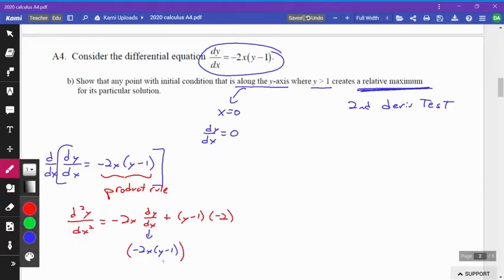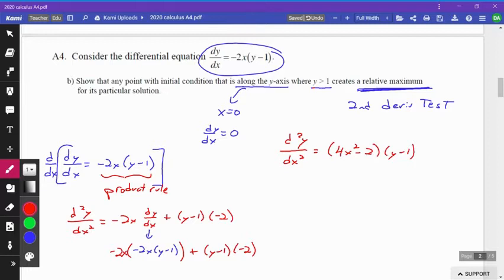And if I have everything else here, this whole second derivative is going to simplify into (4x squared minus 2) times (y minus 1).